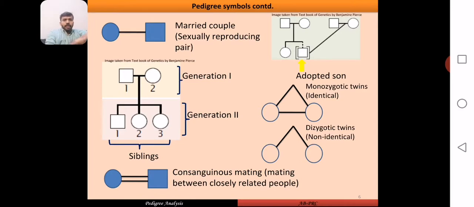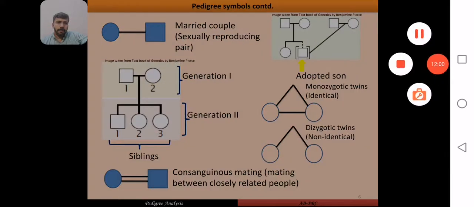When you have a line connecting a male and female, it represents a married couple. Actually, it's not a married couple, in fact, it's a sexually reproducing pair, a pair that could do sexual reproduction. Right, and there is the representation of generation 1 and generation 2, and these are the siblings. You can also see the siblings.